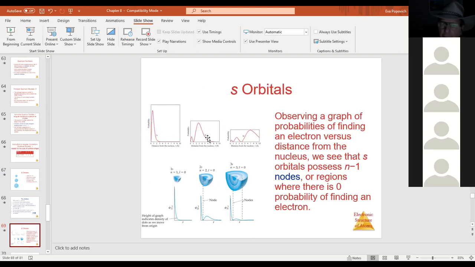If I have a 2s, I have one node. That one node occurs in the space between the 1s and the 2s. It also cannot exist at the origin, but other than that, it can exist pretty much anywhere else. 3s, same thing.